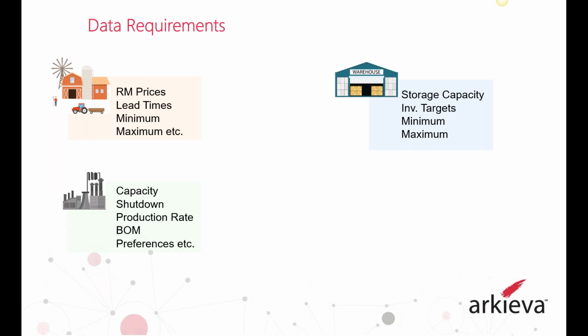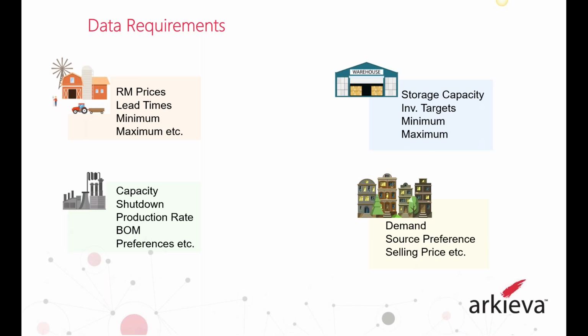Warehouses might need to tell us things like how much can we store, what the targets are. Customers might need to tell us what their demand looks like, what their source preferences, if any, look like, what are the selling prices. And if we are moving product across locations, we also probably need to know things like lead times and minimums and maximums.